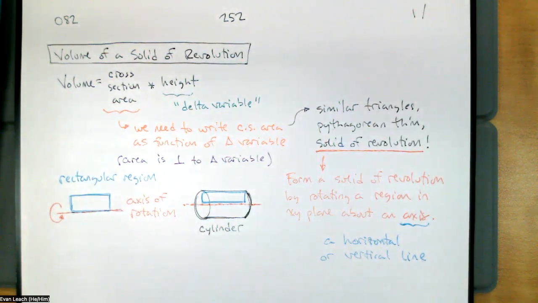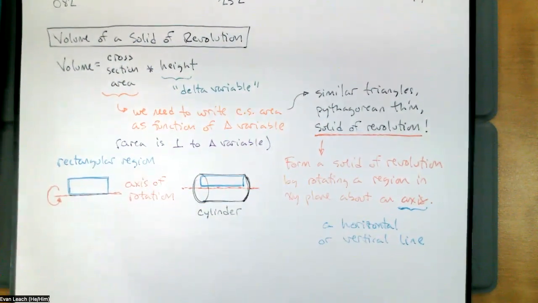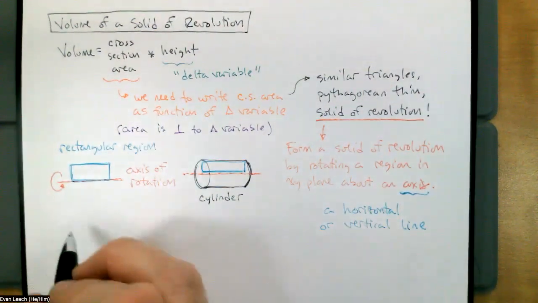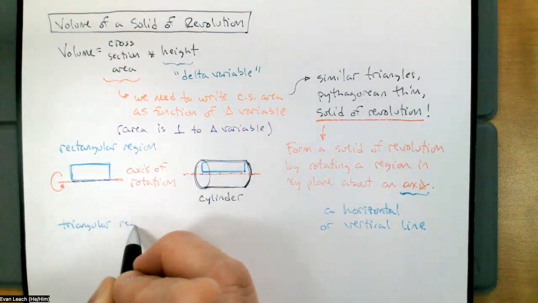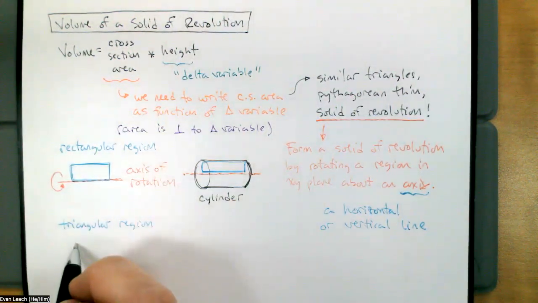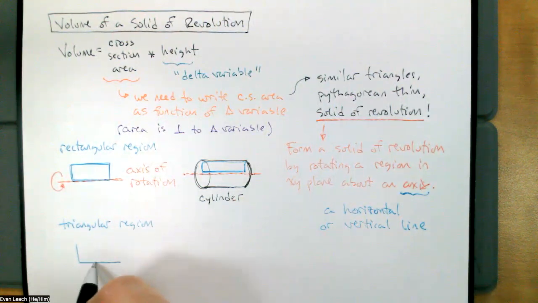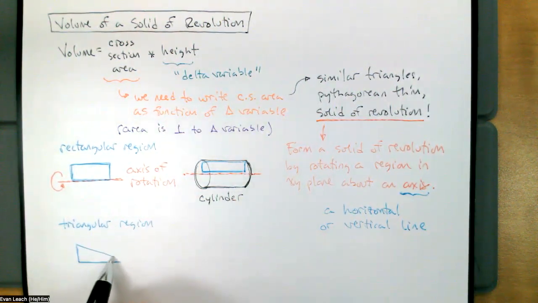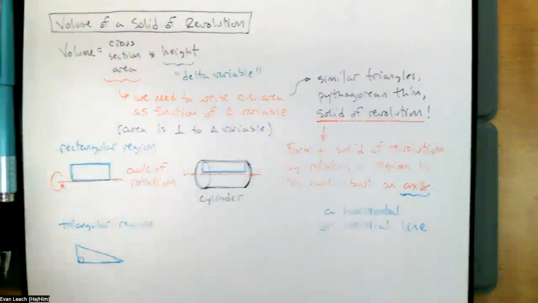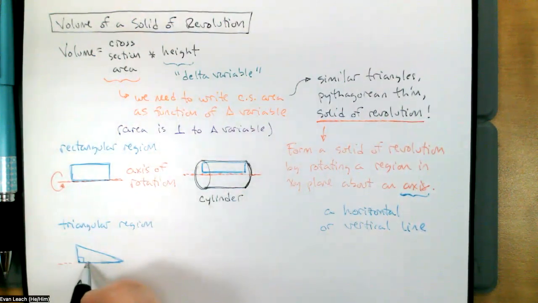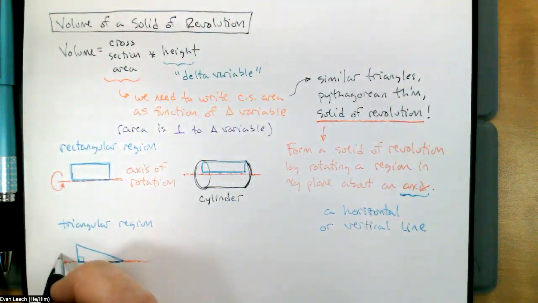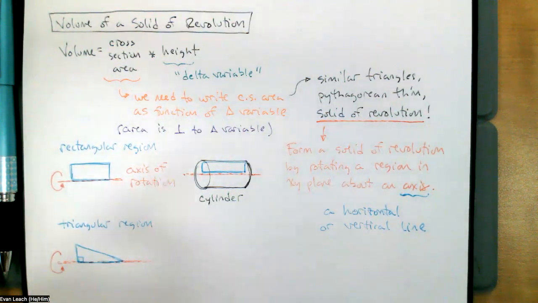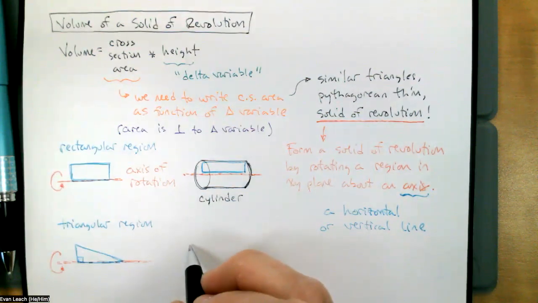If we take a triangular region and rotate it about an axis, that will produce a cone.